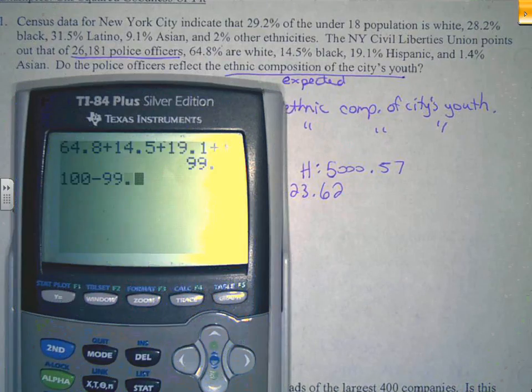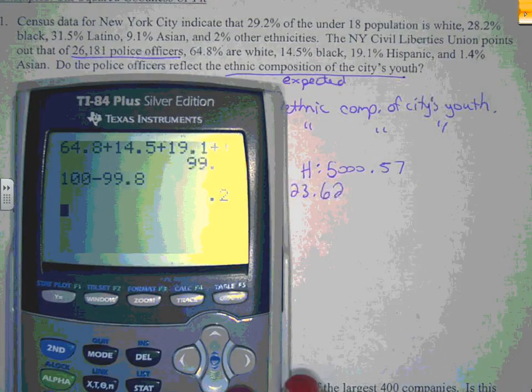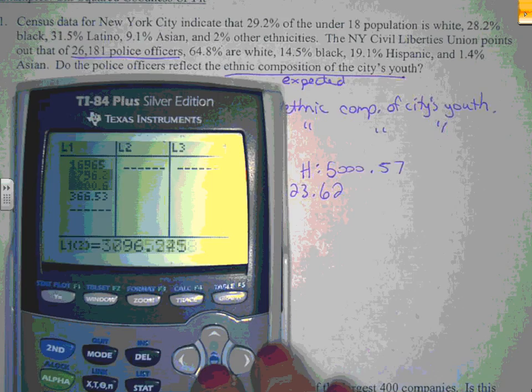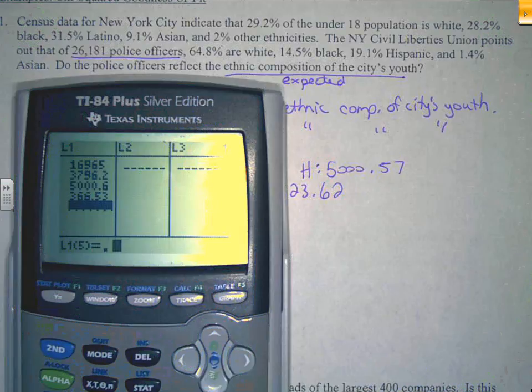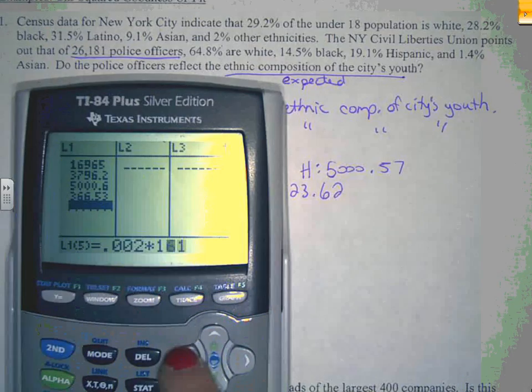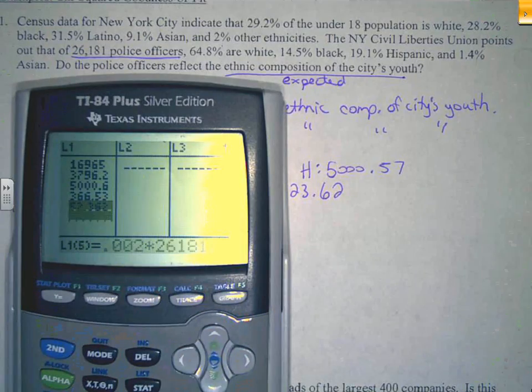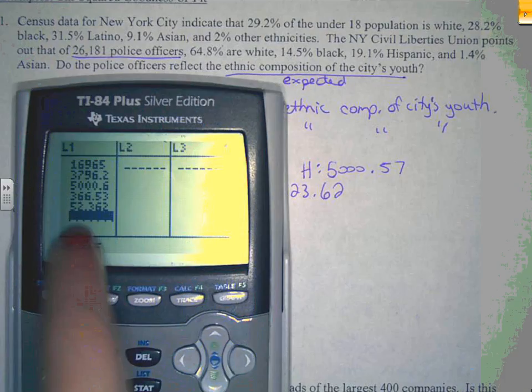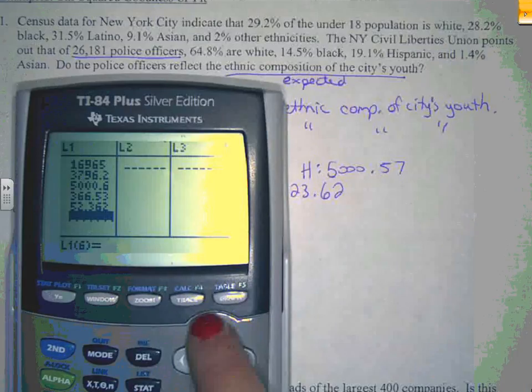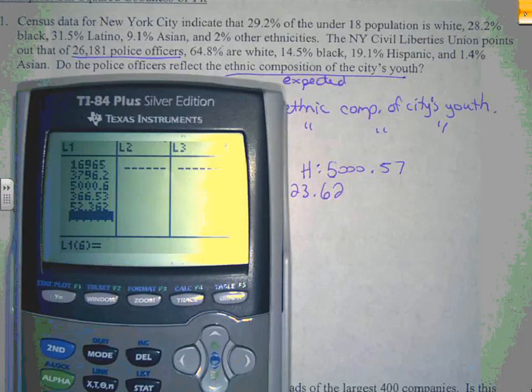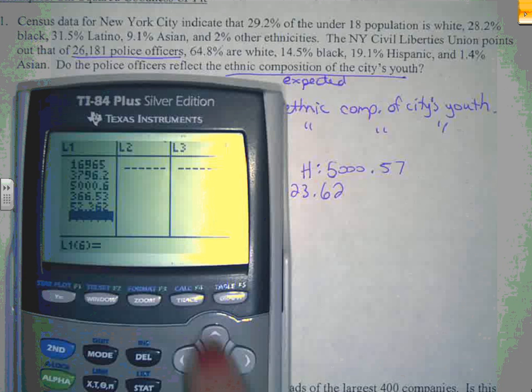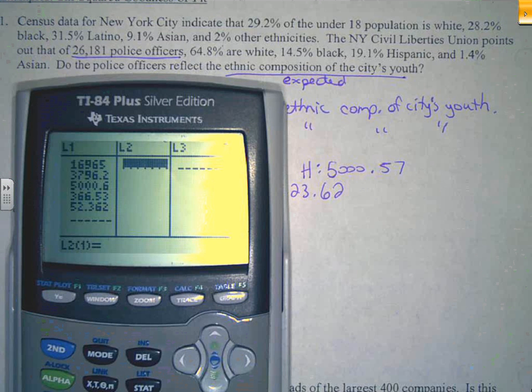So 0.2 for other. Okay, did you get the same as me? Because I'm not sure. Yes? Yes. Okay, so that's our observed values. That's the hardest part. Now we just type in the expected.